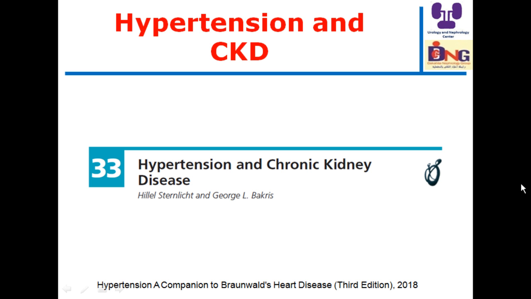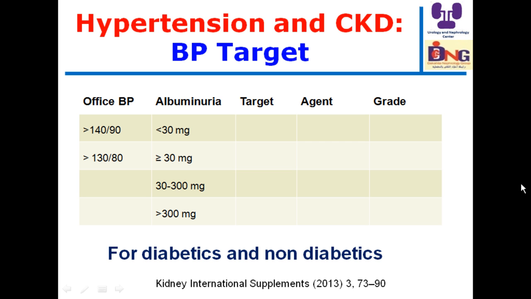This is an old slide, but I like it, and I think it's still working. For chronic kidney disease patients, here I wrote diabetic and non-diabetic, and I think it can be valid for us. Here, blood pressure is above 140/90, and albuminuria is A1, less than 30 milligram per gram creatinine. The target will be just 140/90 or less, with any antihypertensive agent, and the grade was 1B.